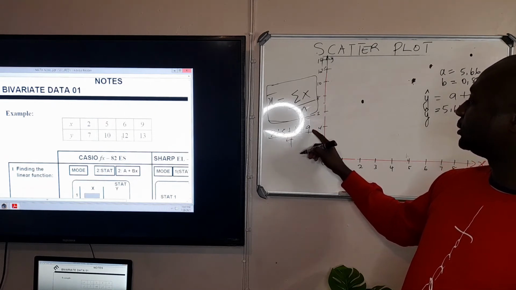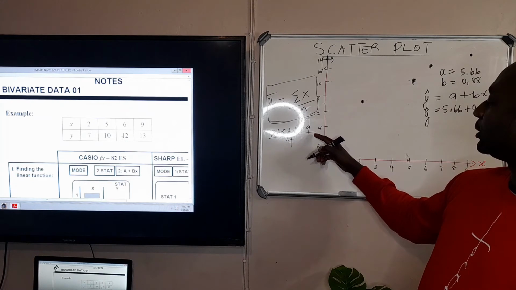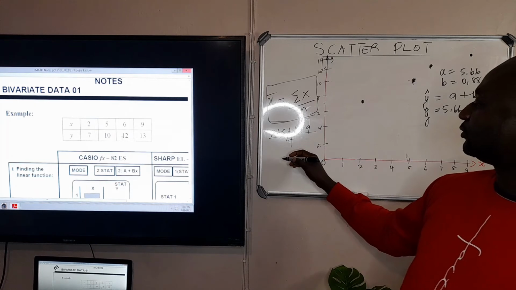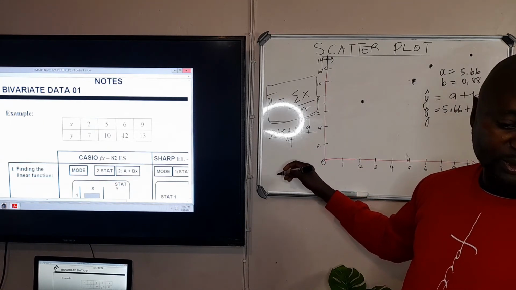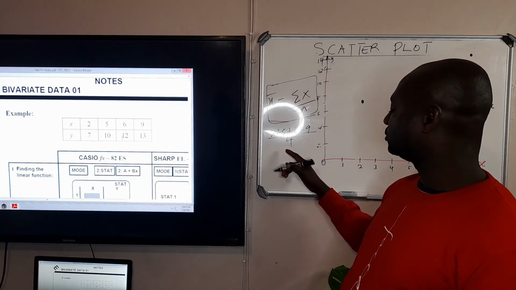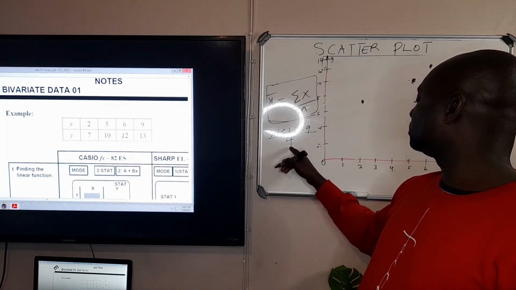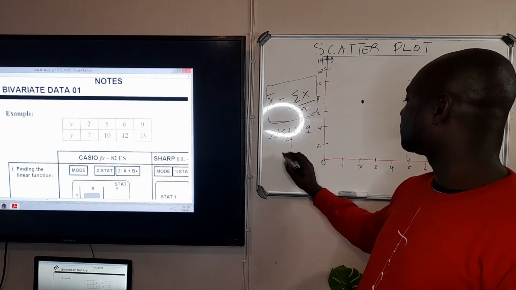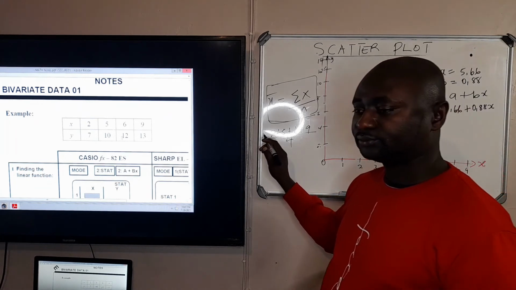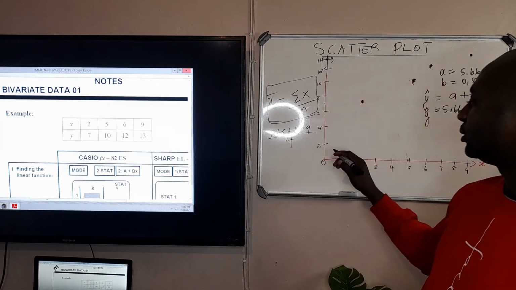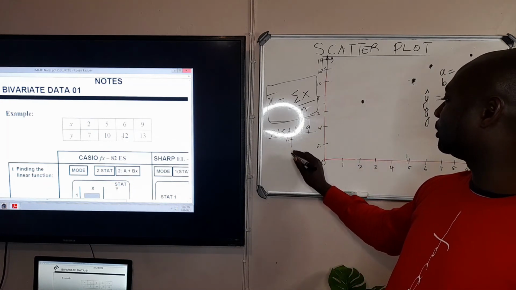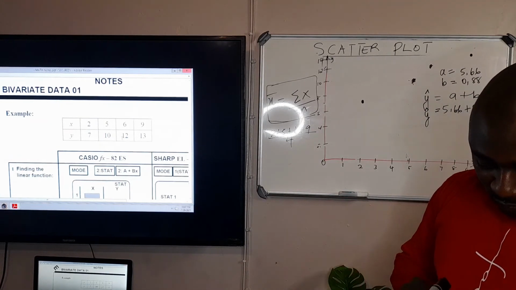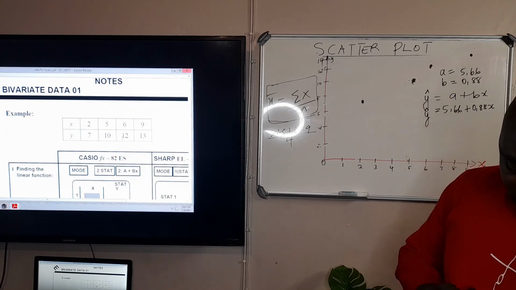7, 13, 13 plus 9 is 22. So 22 divided by 4, you press it on your calculator. It's going to be 5 comma something. 22 divided by 4.